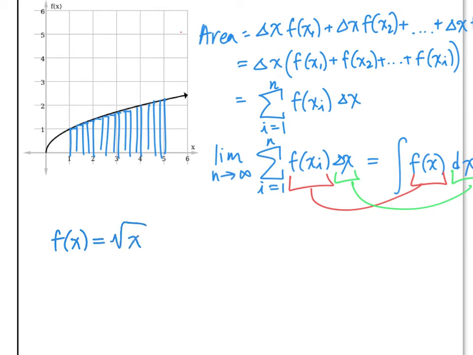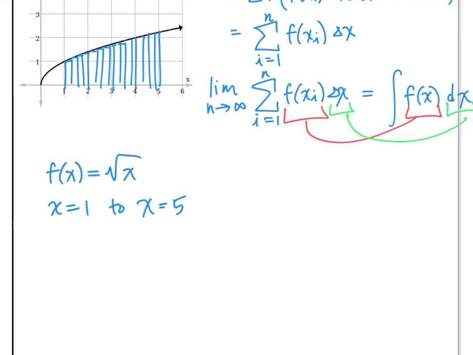We're trying to find the area under the curve between x equals 1 to x equals 5. And this time we don't have a limit on how many rectangles we're going to use. We're just going to use infinitely many rectangles. So we're first going to write it in the summation notation. So this is called summation notation if you don't recall that. And this is the integral notation.